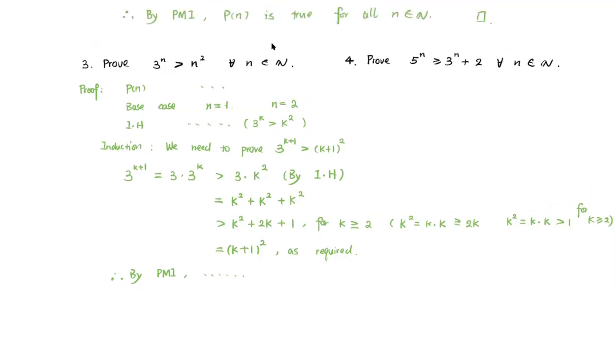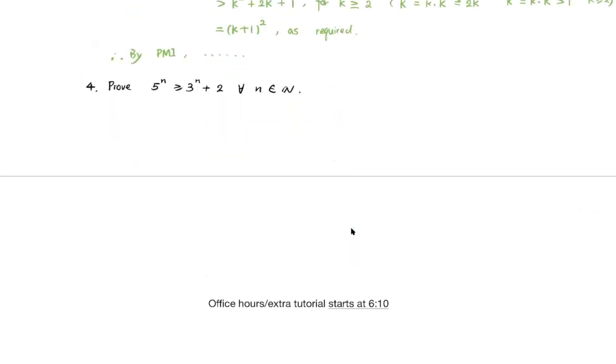But the next one, let me think if the next one is simple induction. Yeah, this one should be definitely simple induction. So try this one. Sorry, let me remove this.